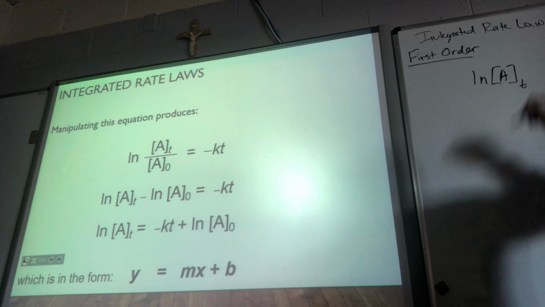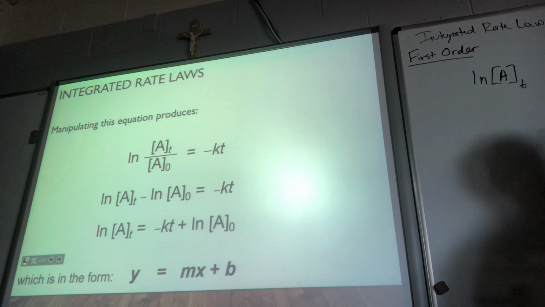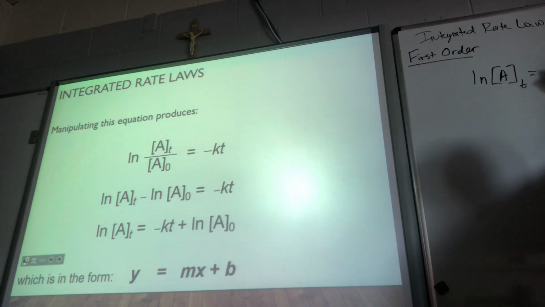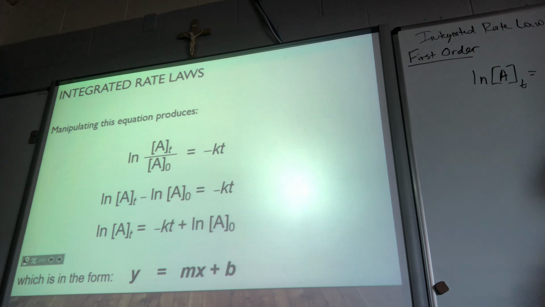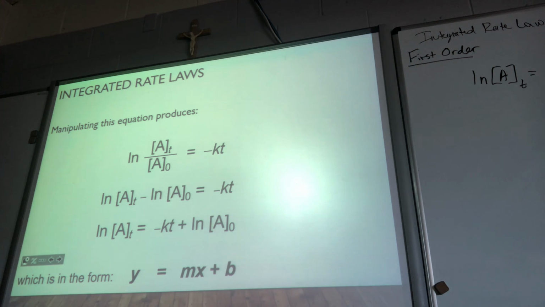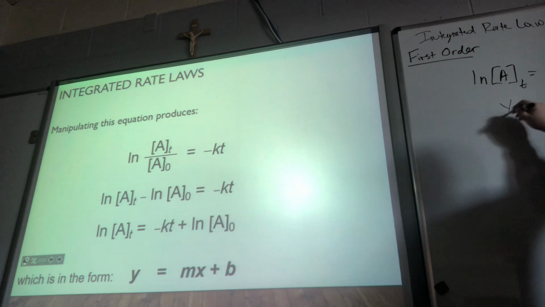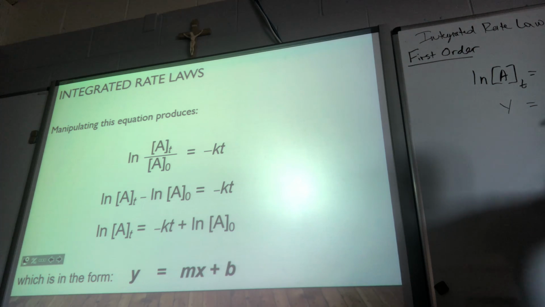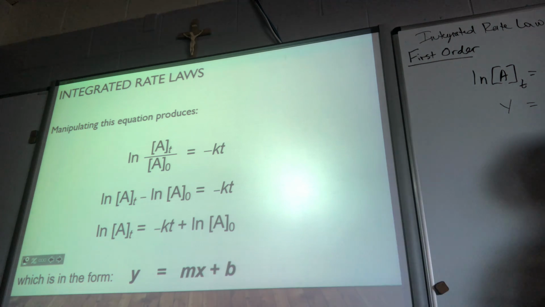We end up with the natural log of a concentration at a certain time point equal to negative our rate constant times our time plus the natural log of A at time point 0. This is in the form y equals mx plus b.